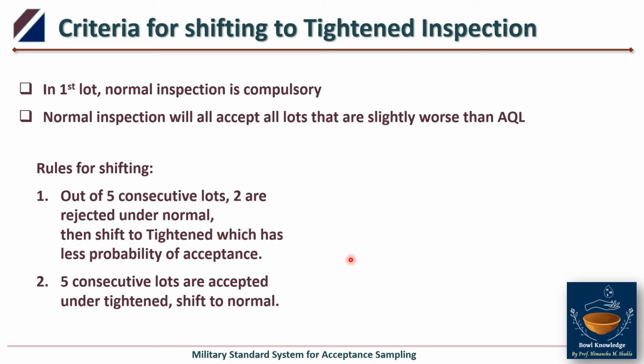As we know, for the same sample size the acceptance number and rejection number under tightened inspection are less as compared to normal inspection. If 5 consecutive lots are accepted under tightened, then you can shift back to normal. So these are the two rules by which you can shift from normal to tightened and tightened to normal.